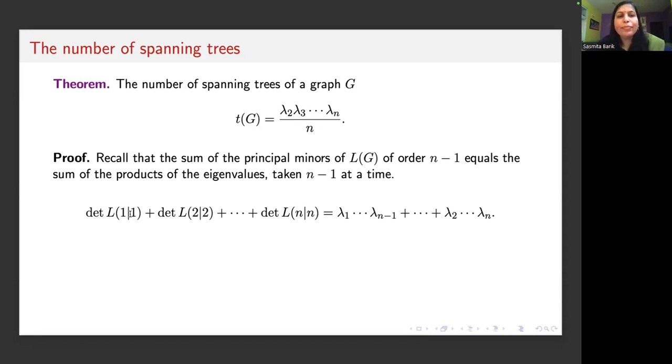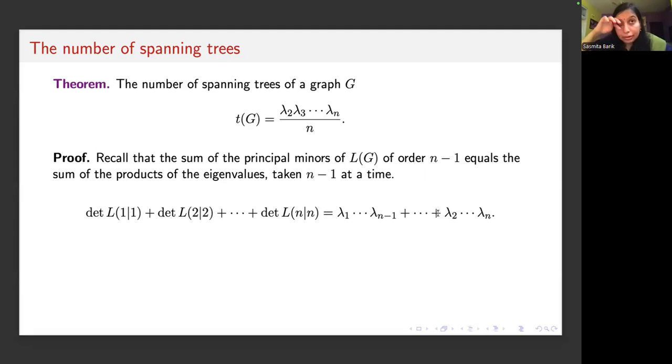So the determinant of L11, that is the principal submatrix deleting the first row and first column, and then I add the second one, deleting the second row and second column. That means I'm taking all the principal submatrices of size n-1 and adding them. That is the same as taking the products of eigenvalues n-1 at a time, all possible.